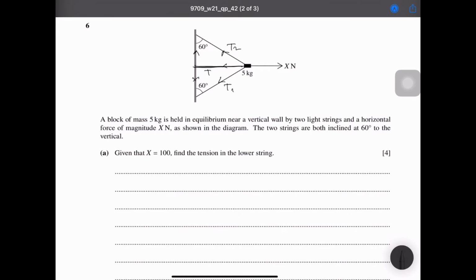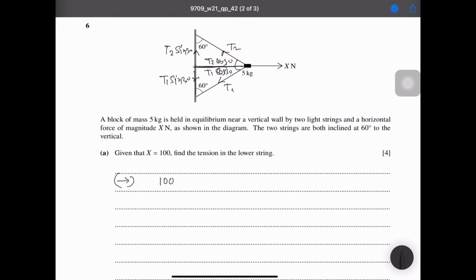So this is T1, this is 60, so this triangle is an equilateral triangle. So this one will be T1 cos 30, and this is T2 cos 30, and this side is T1 sin 30, and this side is T2 sin 30. Now let me resolve. Since it is in equilibrium, acceleration will be 0, net force equals mass times acceleration.